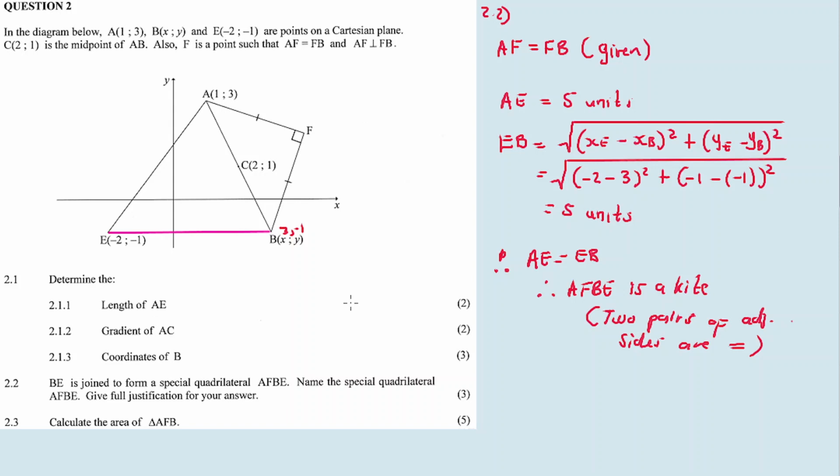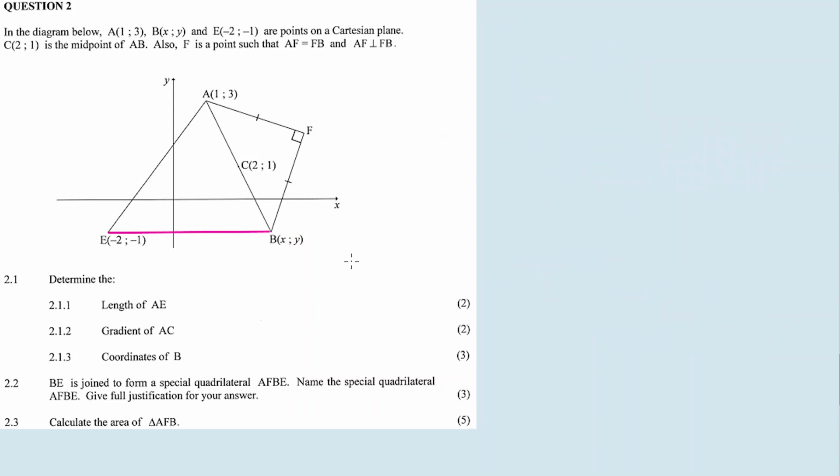We use that property of a kite to prove that this is a kite. Now that we have proved our kite, we go to 2.3. We want to calculate the area of triangle AFB. Let's erase here so that we can answer 2.3. Calculate the area of triangle AFB. So we want to calculate the red triangle. This is a right angle triangle, right?